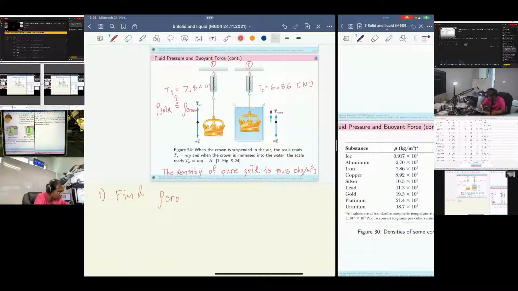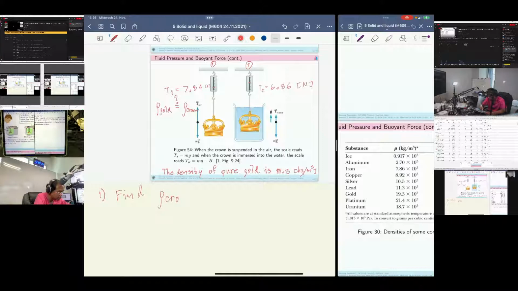okay, let me draw the sketch so that you can completely understand, right? This is the crown. And you have here the string, the tension string, and you have the weight of that object pointing down, W, which is mg actually.